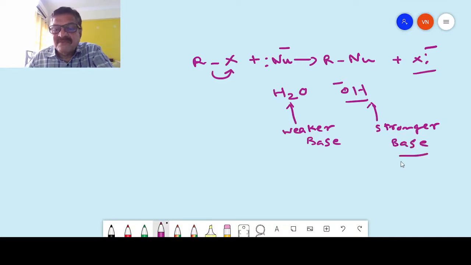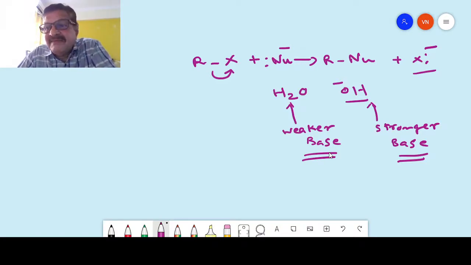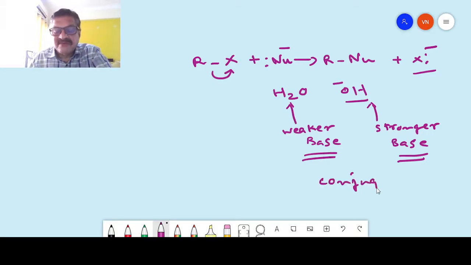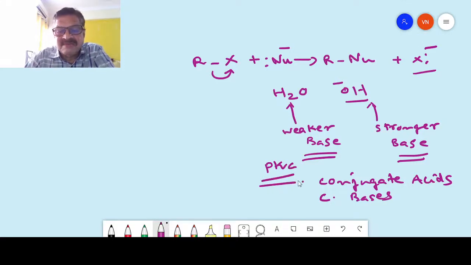Now, what will decide which is a weaker base and which is a stronger base? Then we come to the concept of the conjugate acid. We have seen conjugate acids and conjugate bases in acid-base reactions. The acidity of various compounds is compared using the pKa values. The smaller the pKa value, the stronger the acid.